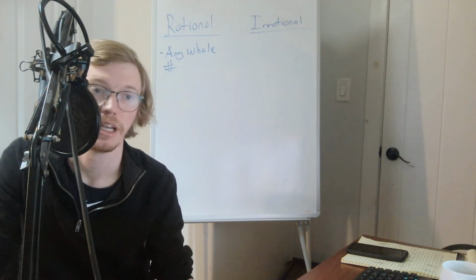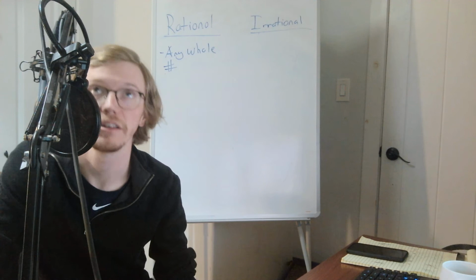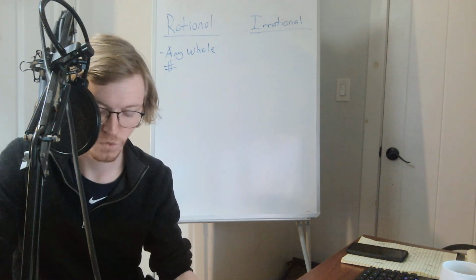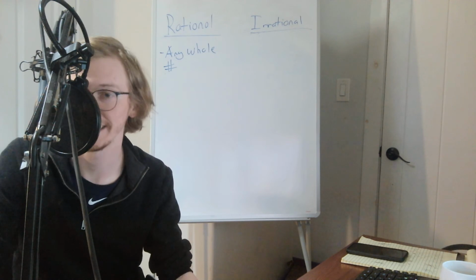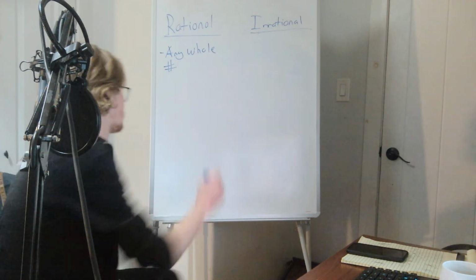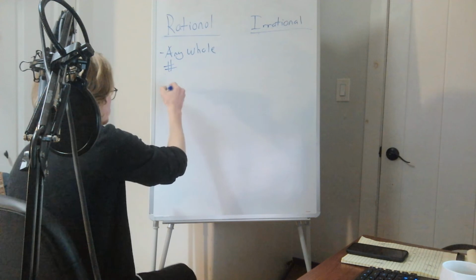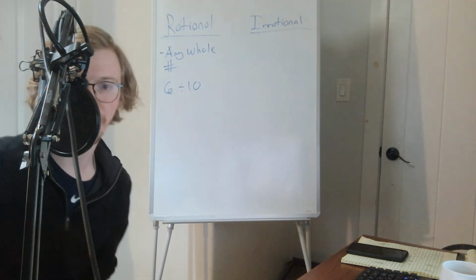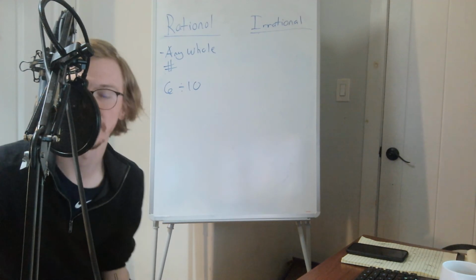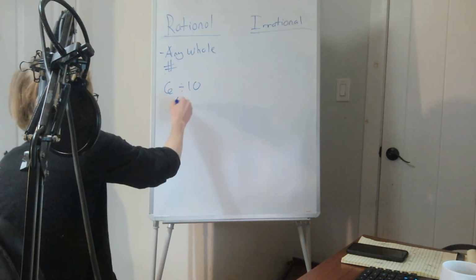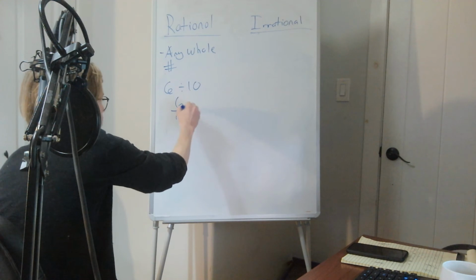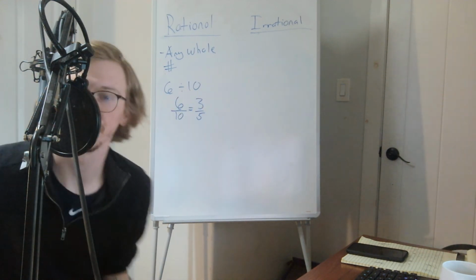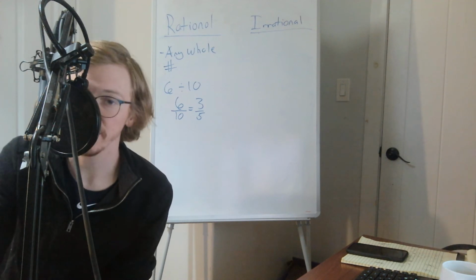For example, if I were to divide 6 into 10, that'll simplify to 6 over 10, which is the same as 3 over 5.